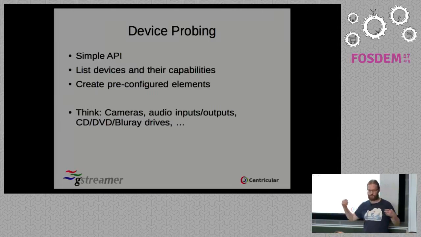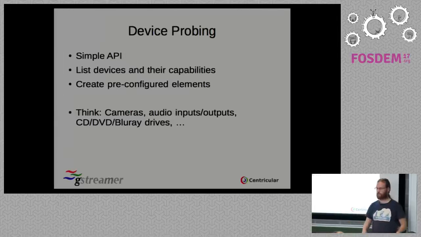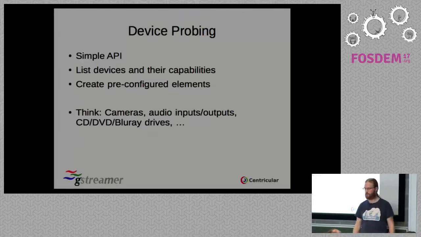You can just tell it, give me an element for this specific camera in some kind of configuration, and then you can use it. You don't have to know about Video for Linux or any other API. It's all abstracted away from you. The same thing can also be used for audio inputs, outputs, CD, DVD, Blu-ray drives, and that kind of stuff. Everything that is somehow a device.